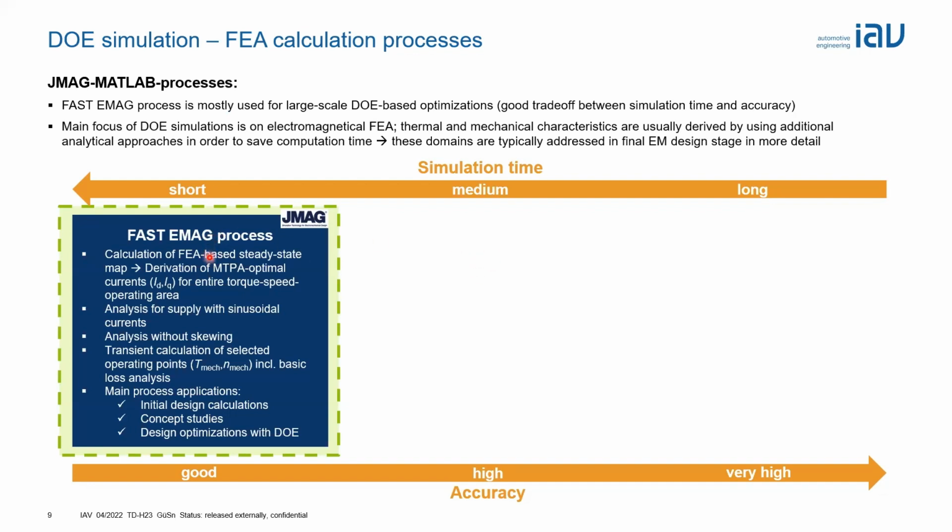So the fast EMAG process calculates the e-machine maps based on steady state calculations in order to derive the MTPA optimal currents. We usually have a sinusoidal current supply, and we also have usually no rotor skewing in order to save computation time here.